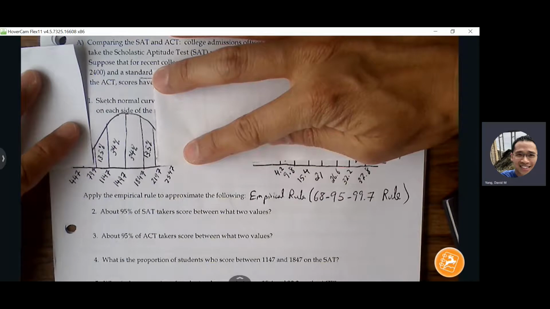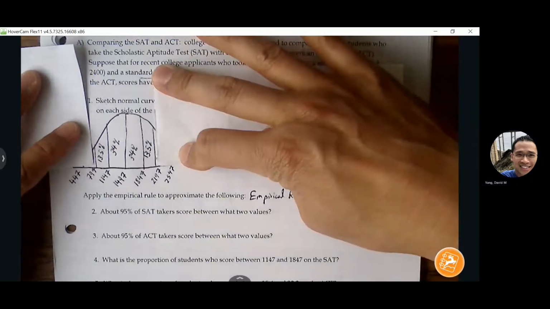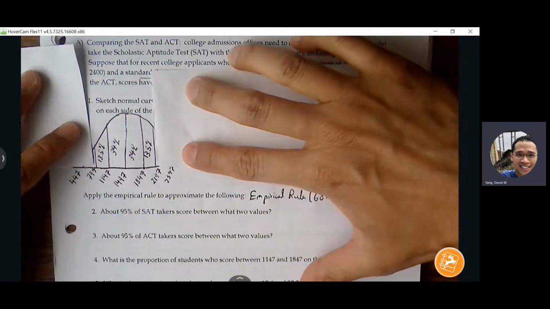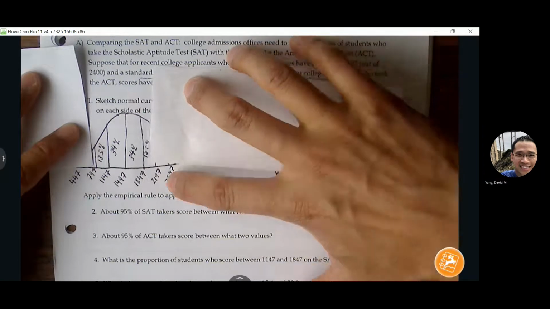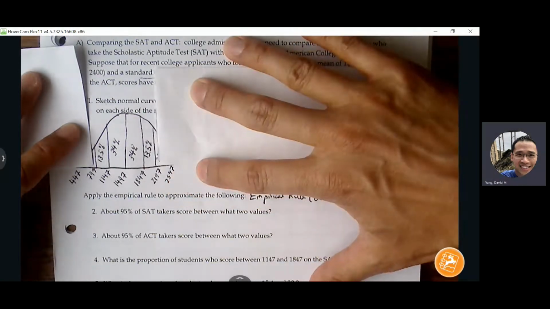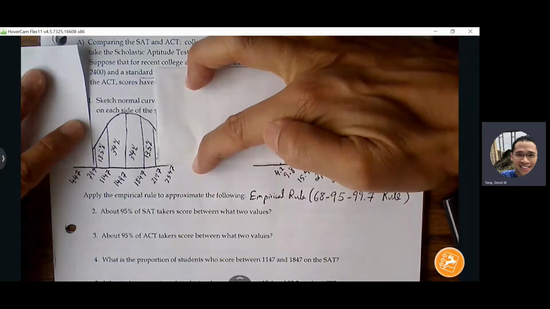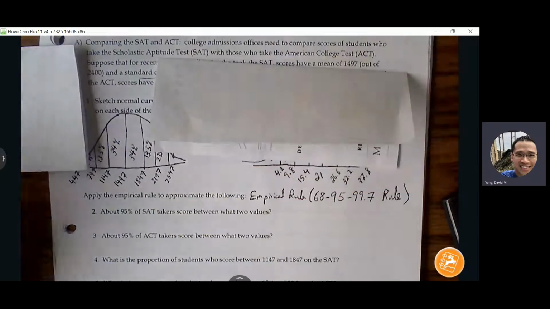It will be between what two scores? And yeah, 2197. So we just look at that within two standard deviations. We just look at those scores at the ends and identify those.